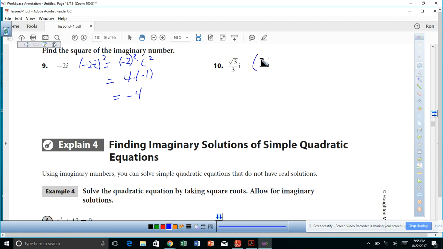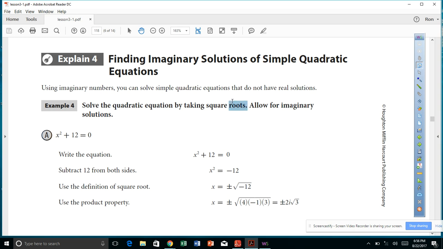Okay, so we're going to have the square root of 3 over 3i squared, and that's going to equal the square root of 3 squared over 3 squared times i squared. Well, the square root of 3 squared is 3, and 3 squared is 9, times negative 1, that's going to give you negative 1/3. Cool.